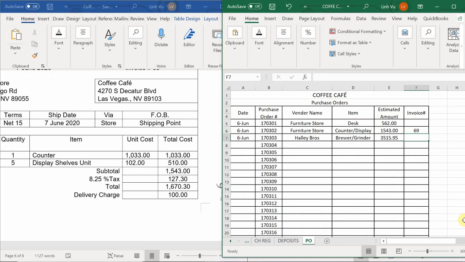But let's say it's already the middle of June and all of a sudden we don't see our desk. We could call the vendor and say, hey, where is my desk right now? I've ordered it. Did you receive my purchase orders? I sent it in on June 6th.